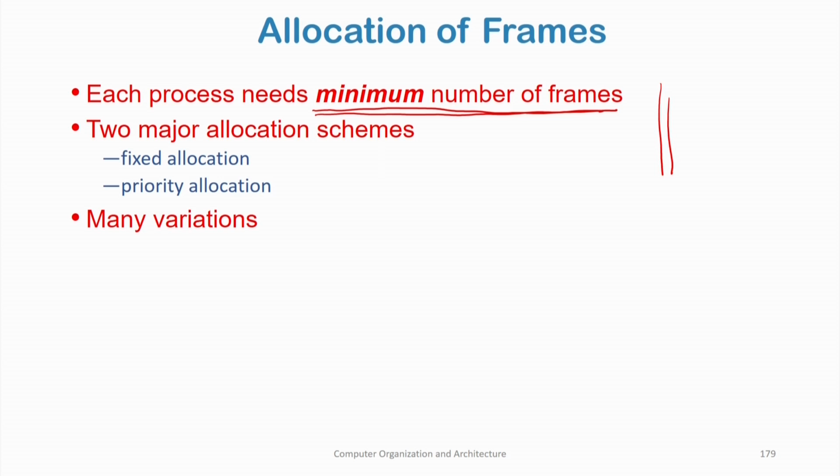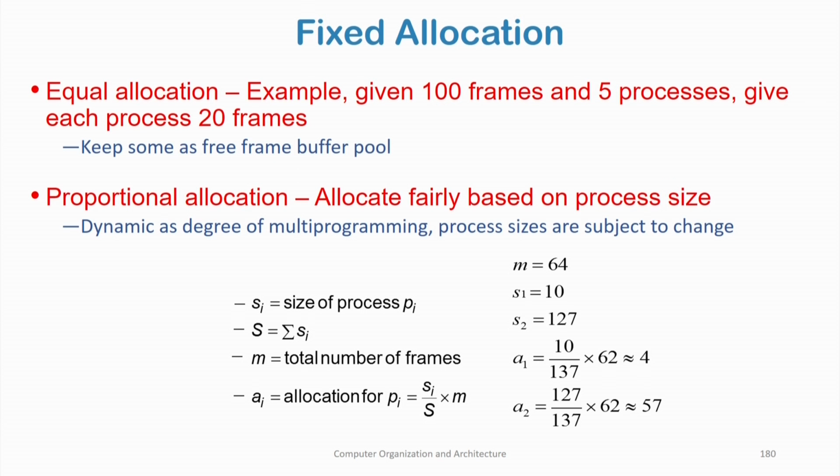However, this is done using many schemes. There can be a fixed allocation scheme, there can be a prioritized allocation scheme, and it has many variations. For example, the first strategy is the fixed allocation scheme.